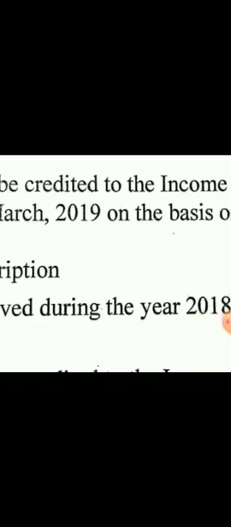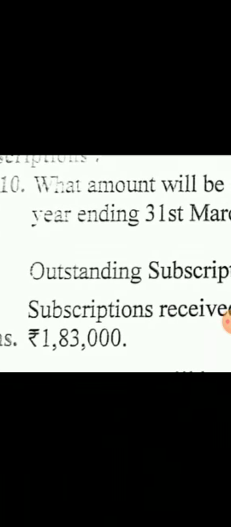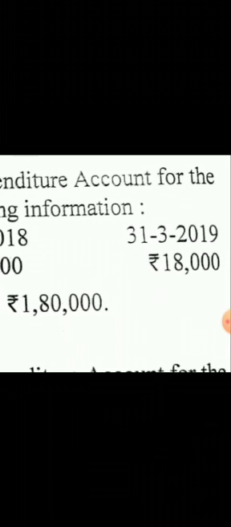Outstanding subscription on 1/1/2018 is 15,000 and on 31st 3 2019 is 18,000. Subscription received during the year 2018-19, that is the current year, is 1,80,000. Okay, clear this question. Subscription received 1,80,000, and outstanding subscription for the last year 15,000 and current year 18,000.